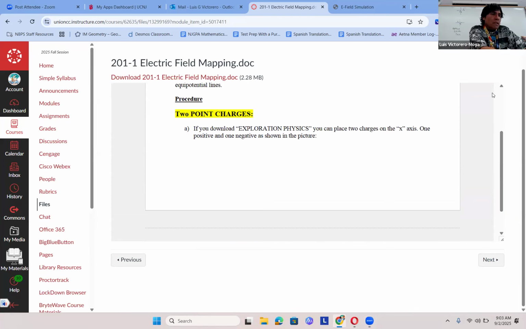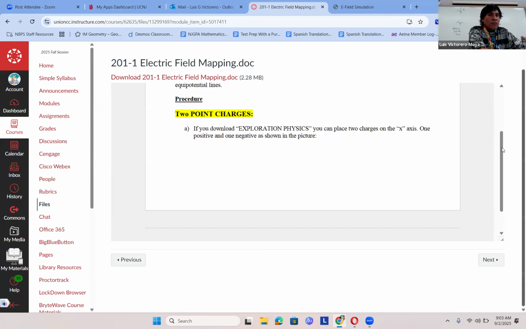Even in a lab, in person, it's a more qualitative lab. The only thing that you have to worry about is to understand the physics behind the drawing and illustration of electric field lines based on equipotential lines.